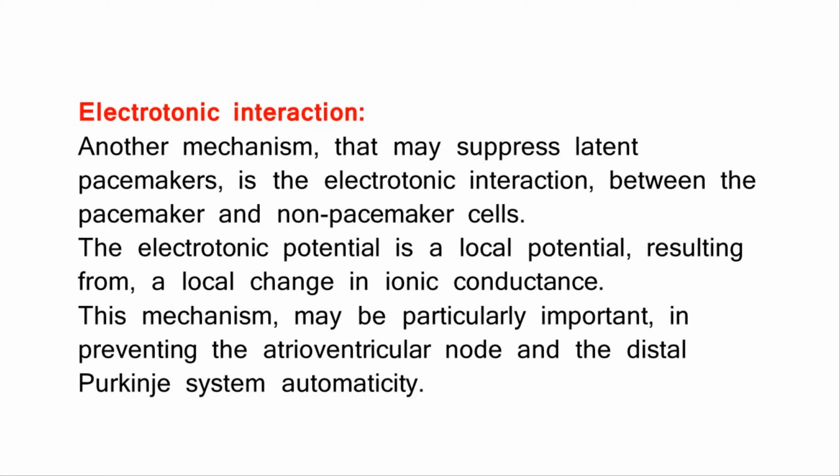Another mechanism that may suppress latent pacemakers is the electrotonic interaction between the pacemaker and non-pacemaker cells. The electrotonic potential is a local potential, resulting from a local change in ionic conductance. This mechanism may be particularly important in preventing the atrioventricular node and the distal Purkinje system automaticity.